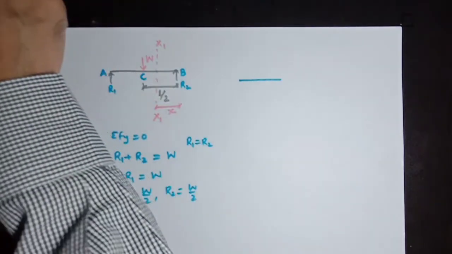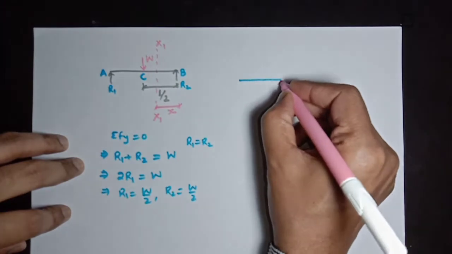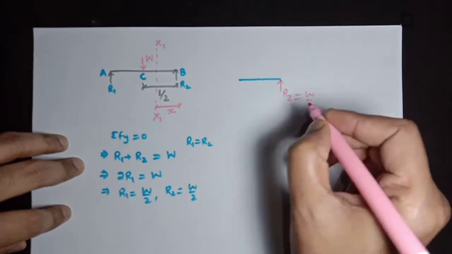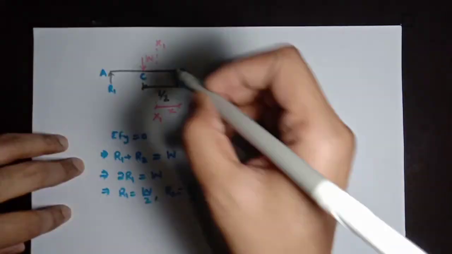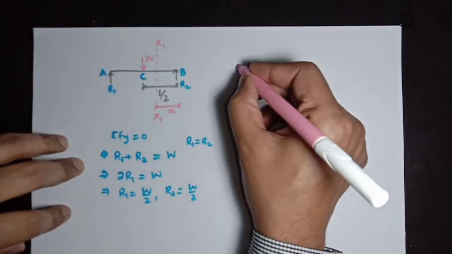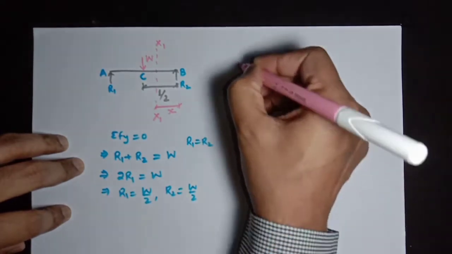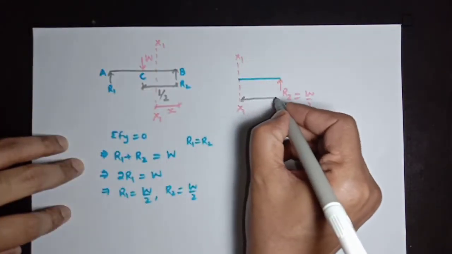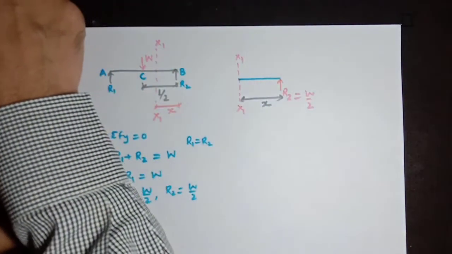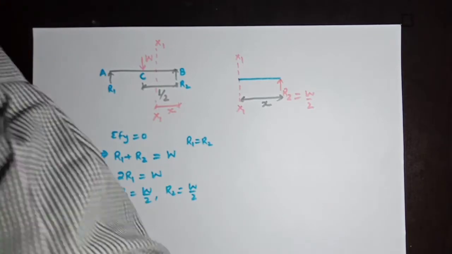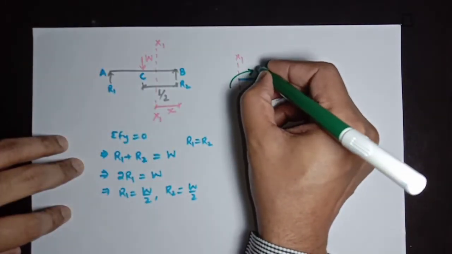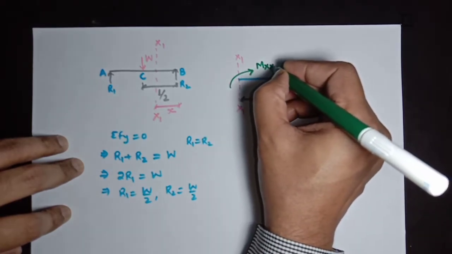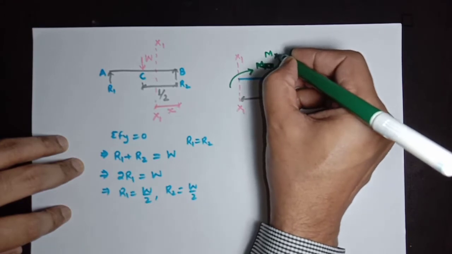This is the beam which is having a reactive force R2 that I have calculated here, whose value is W by 2, and here is a section XX, x1, which is acting at a distance of x from here, and we're going to find bending moment at section XX, which is called Mxx, Mx1.